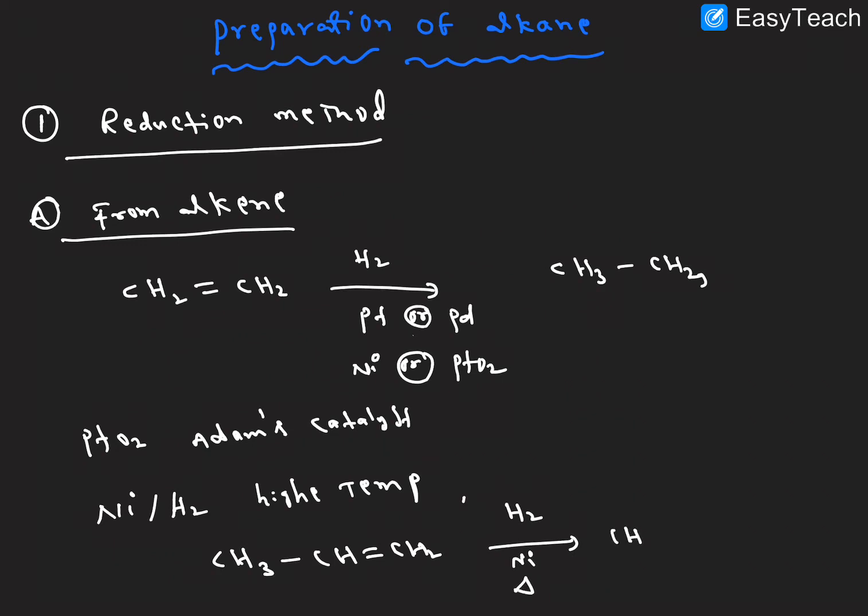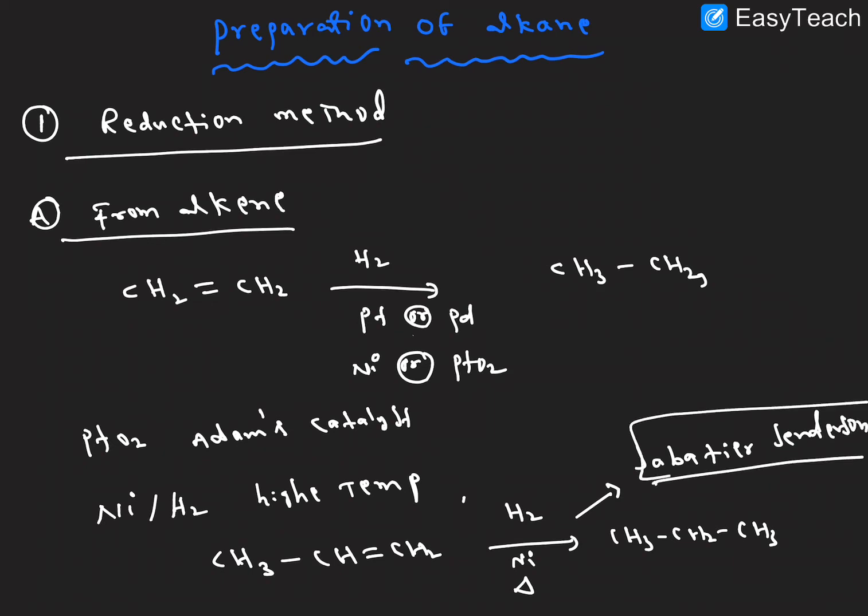We'll get CH3, CH2, CH3. This reaction is also called the Sabatier-Senderens reaction. This is from alkene.